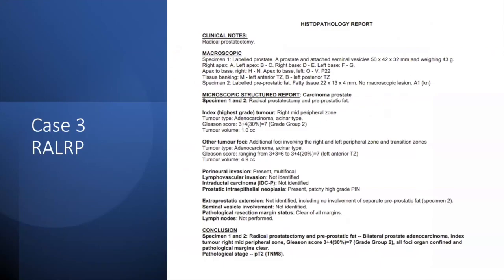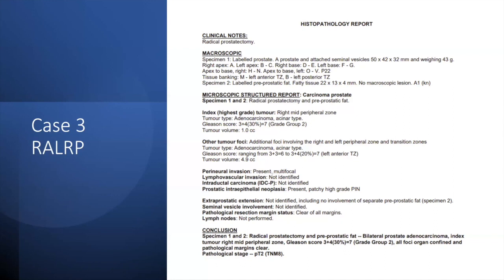And so 3+4, 30% for that right mid peripheral zone lesion, and 3+4, 20% for the left anterior lesion. So we've seen both of those were graded as grade group 3 on the biopsies, but having a better look at them, we end up kind of downgrading them, but they're still certainly higher than that initial or the larger dominant anterior zone or anterior transition zone lesion.